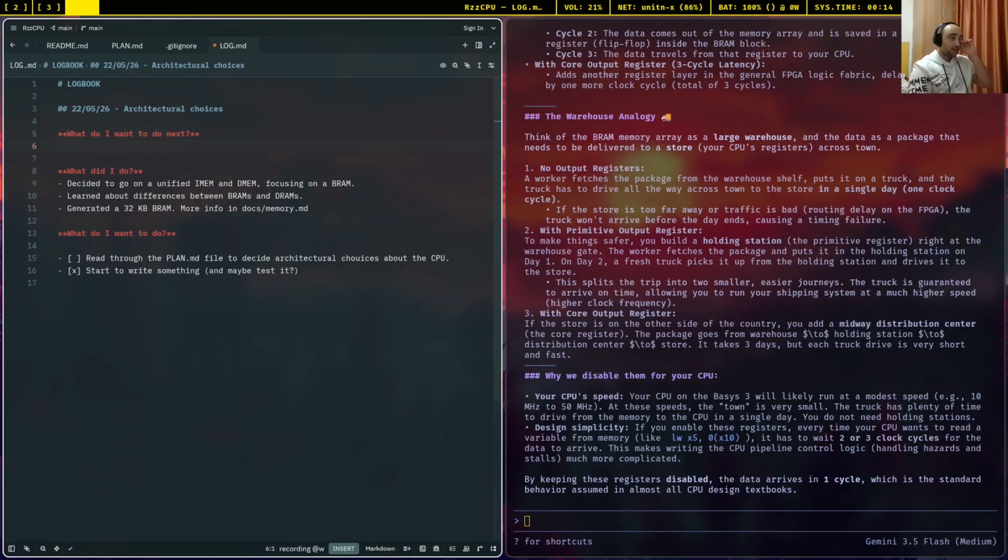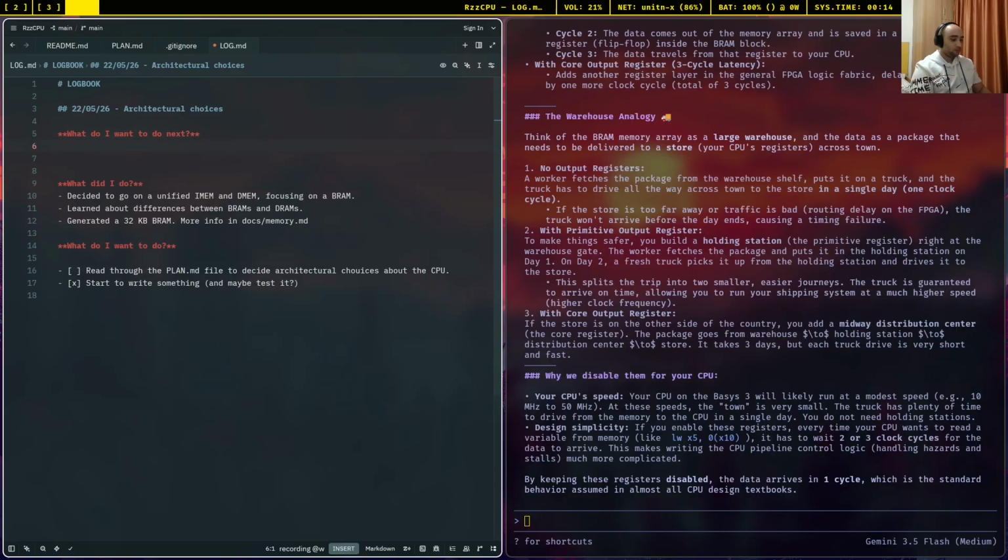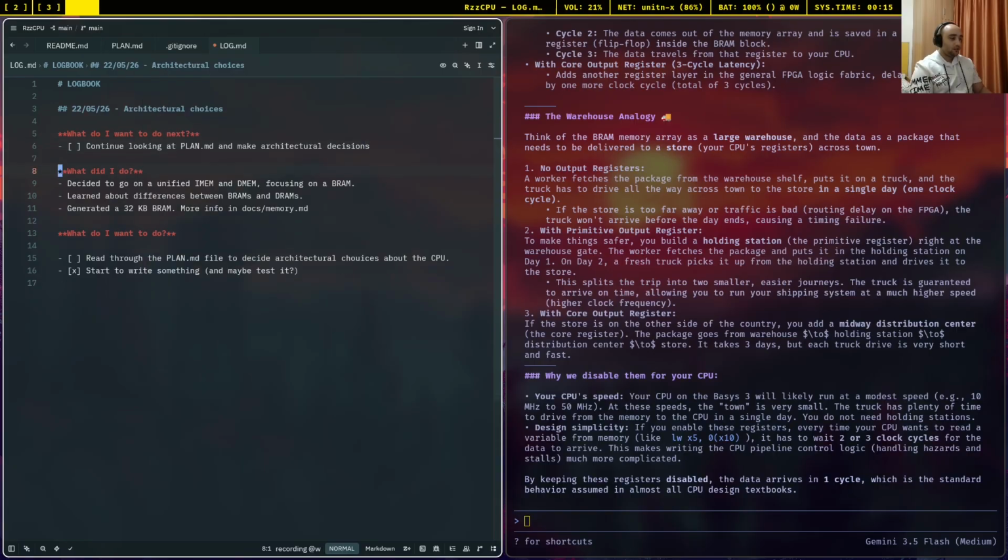And what I want to do next is just this: continue looking at plan.md and make architectural decisions. That's it. This is the single most important thing that I want to do. And then everything else is just going to follow by itself.